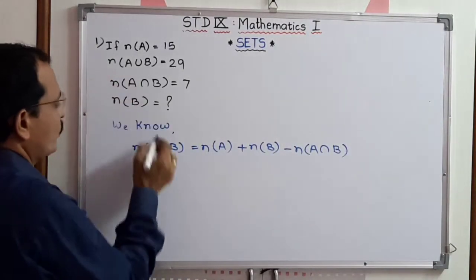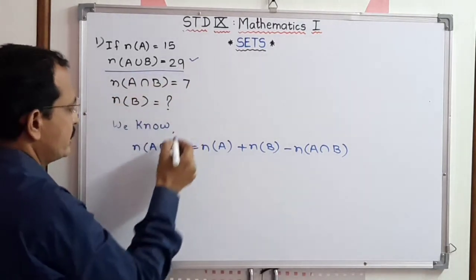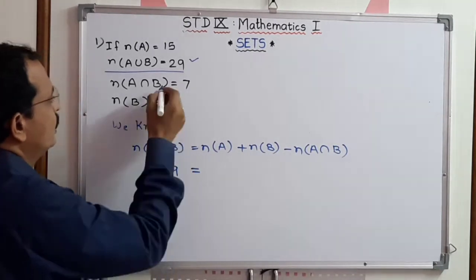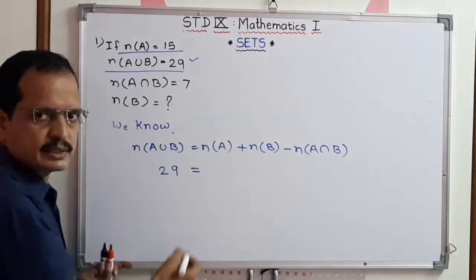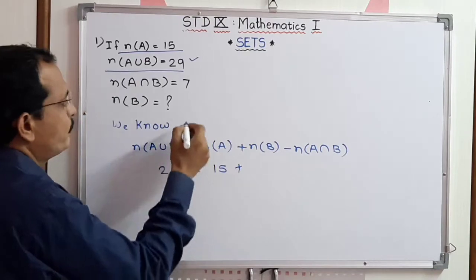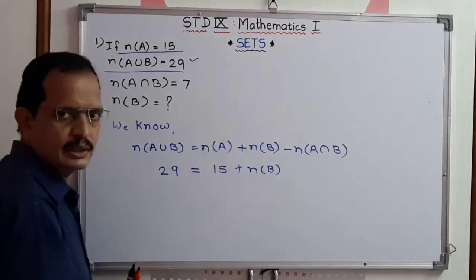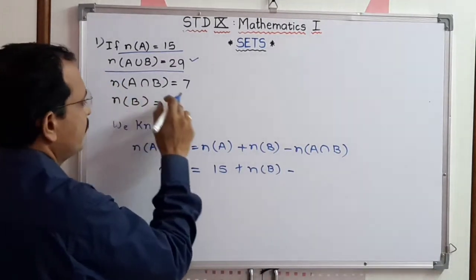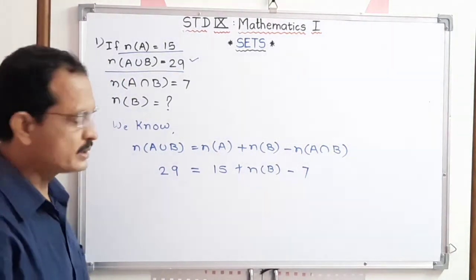Now number of A union B is given, it is 29, so we write 29 is equal to number of A, the number of elements in set A are 15, plus number of B, which we have to find, minus number of elements in A intersection B, which are 7. Now we simplify this.